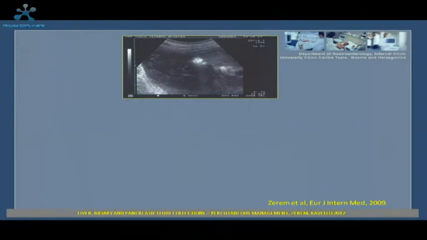Laparoscopic cholecystectomy is the first-line therapy for calculous cholecystitis as it is less traumatic, less painful, with short hospital stay and short recovery time.